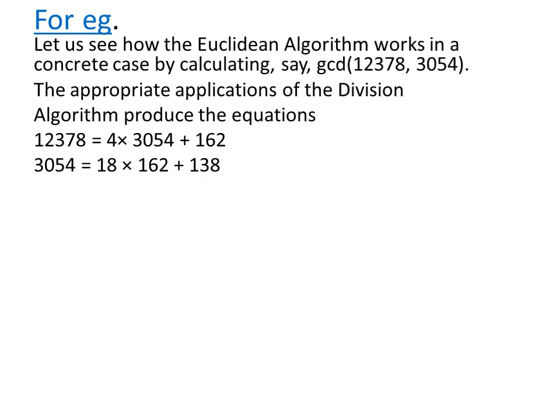Again we are not getting remainder 0, so again we have to apply the division algorithm. In the next step we take 162 as dividend and 138 as divisor. We got quotient 1, remainder 24. Again the remainder is non-zero, so we apply the same division algorithm.